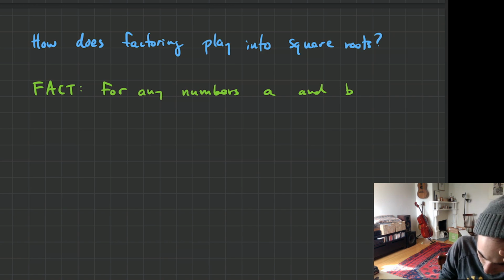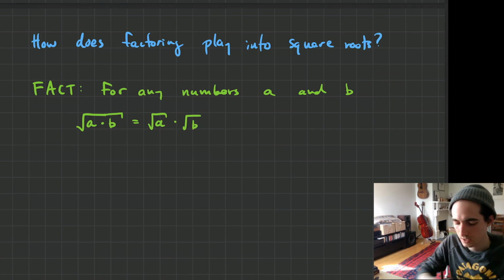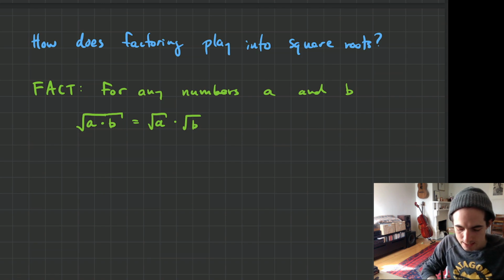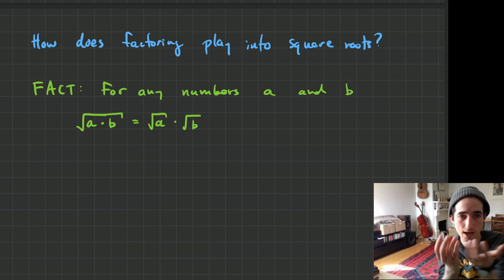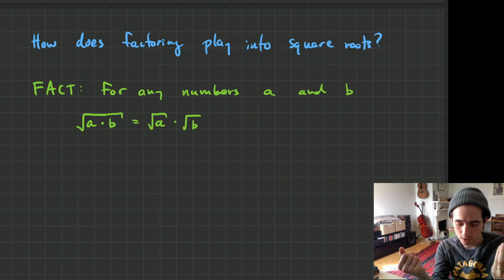The square root of A times B is equal to the square root of A times the square root of B. That's a really nice thing about square roots: if you have a product inside your square root, you can split that product up into two separate square roots.